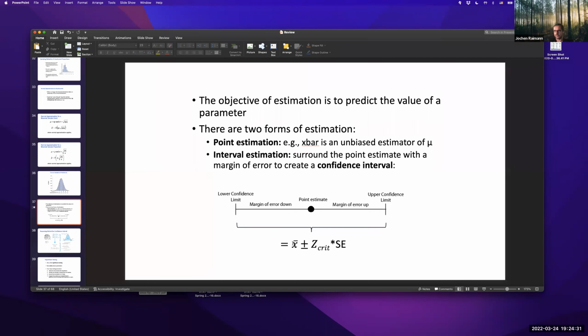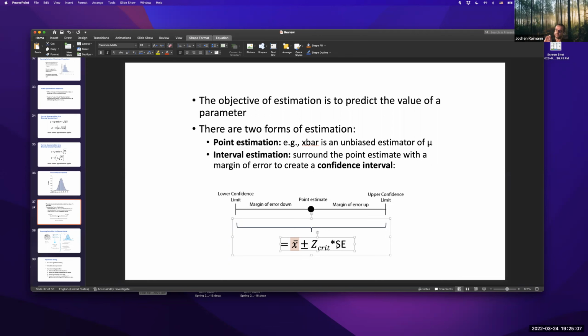So this is calculated by essentially taking the x bar plus or minus the critical z value, which in a normal distribution is 1.96 for the tail of 2.5% to the right and 2.5% to the left, multiplied by the standard error of the mean. The aforementioned standard error of the mean is essentially the variability of your sample means, your various point estimates from these randomly and repeatedly sampled samples.